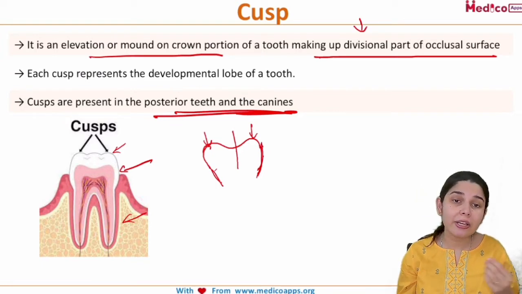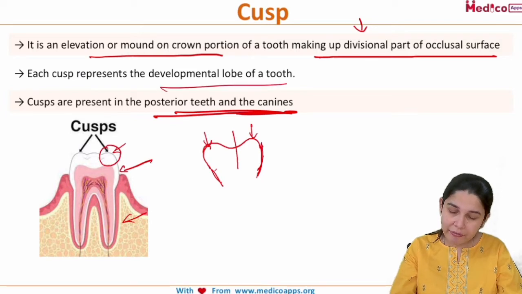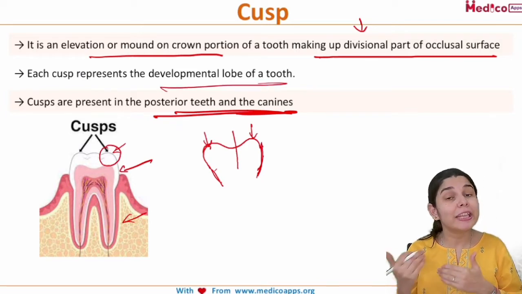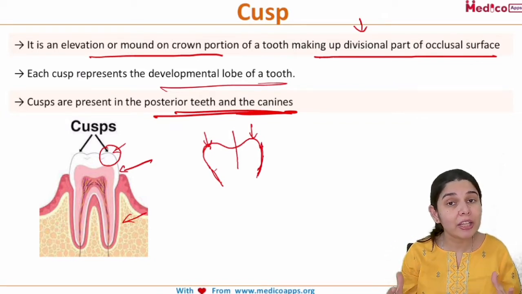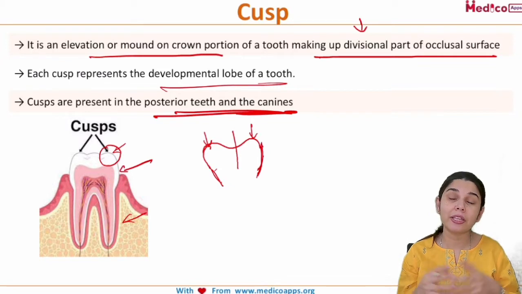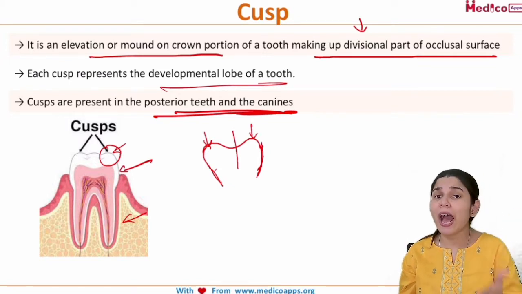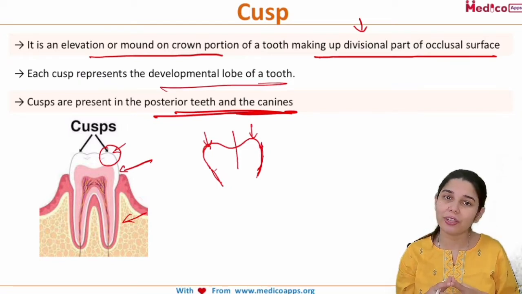And each of these cusps represents the developmental lobe of the tooth. So I hope you have understood the basic definition and how exactly you will identify a cusp in the tooth if an examiner puts a tooth across you and asks you to just mention the cusp here. What is the basic structure of the cusp?